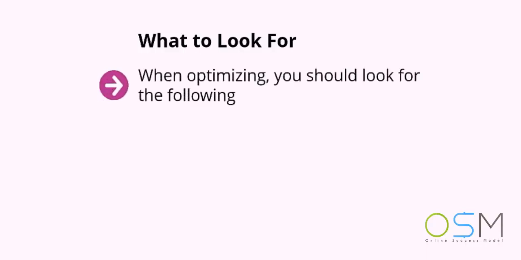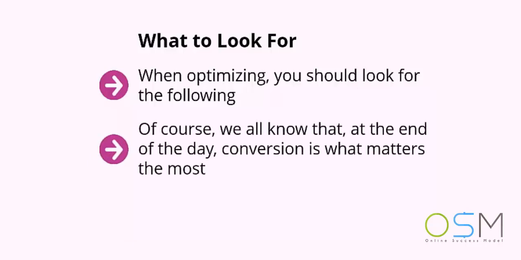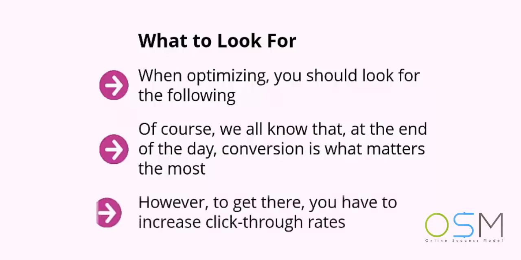Now what should you look for? When optimizing, you should look for the following. Increased click-through rate, increased dwell time, deeper clicks into your website, better conversion rates. Now, of course, we all know that at the end of the day, conversion is what matters the most. In fact, it's the only thing that really matters because this is what puts dollars into your pocket. However, to get there, you have to increase click-through rates.